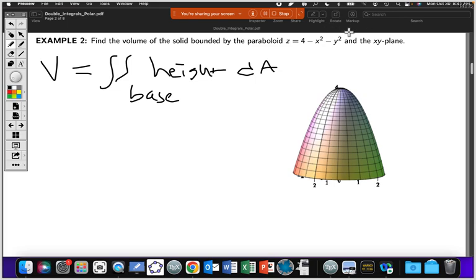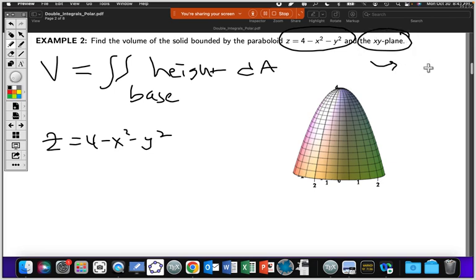And so if I look here, we've got z equals 4 minus x squared minus y squared. And we've got the xy plane. But what's the equation for the xy plane? That's just z equals 0.